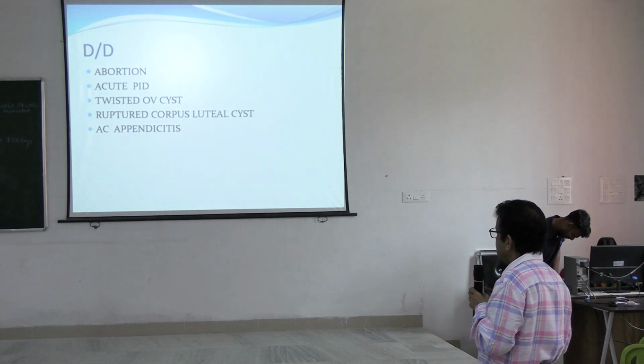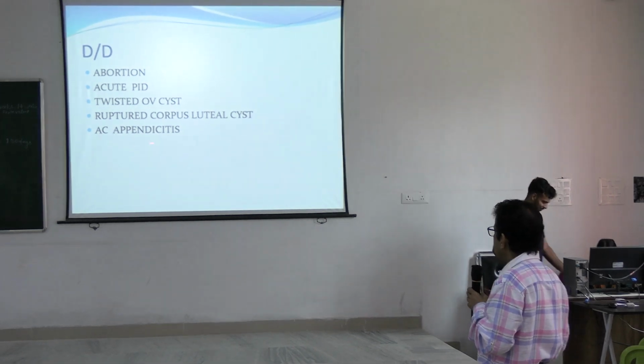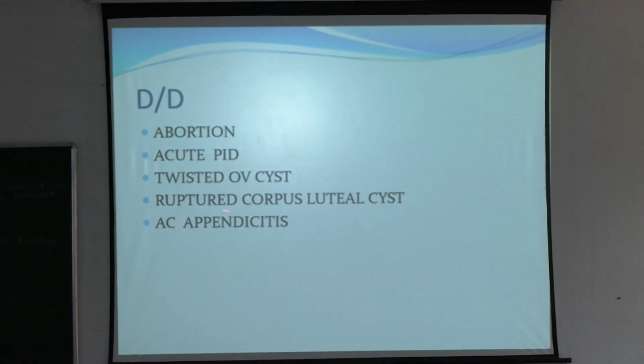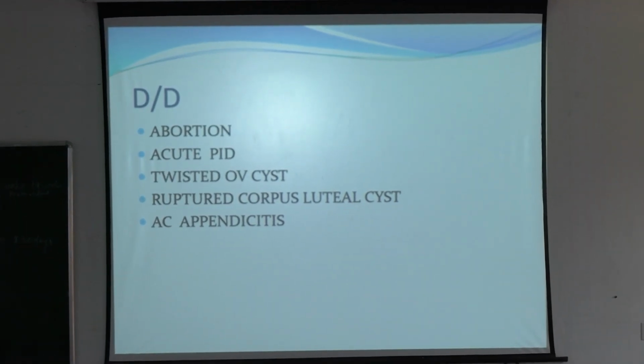Then appendicitis, very, very important, if a young woman comes with pain in the abdomen. In appendicitis, the main picture you know, it will be right-sided pain, not on the other side unless it is complicated. The pregnancy test will definitely be negative.